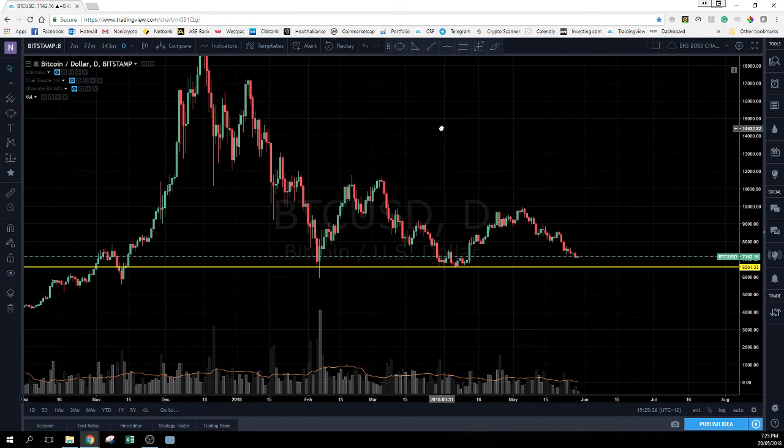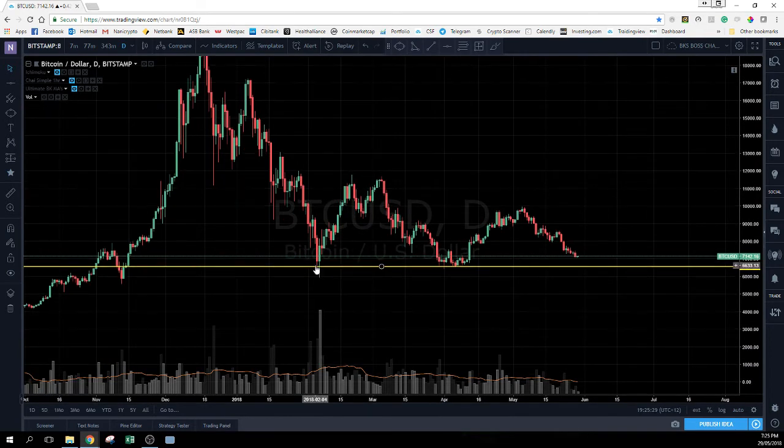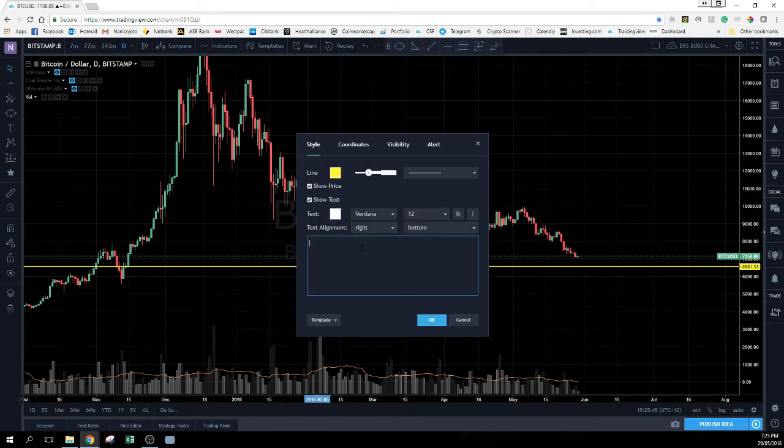So the idea of having this line here is, this time I'm using this wick, which was from back on the 5th of Feb. We can see that it bounced off that line. Now these lines we call support or floor.